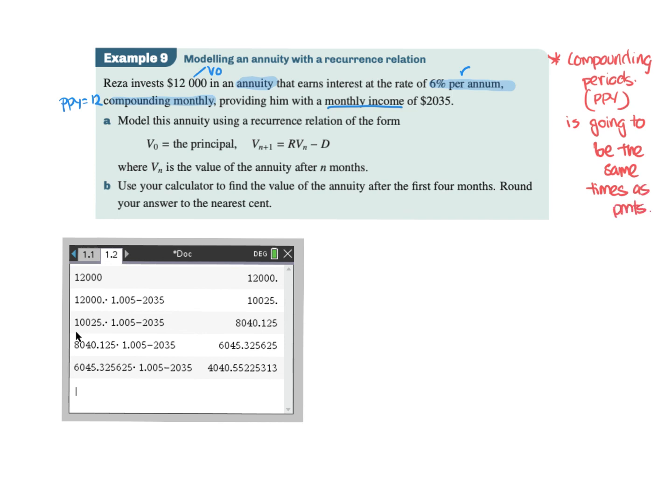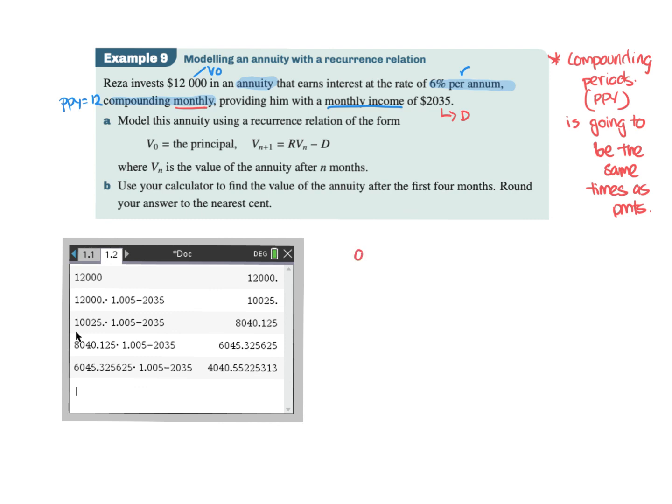What I mean by that is, it's compounding monthly and your payments are monthly. So in this scenario, she's going to take out a monthly income of $2,035. So that's our D.